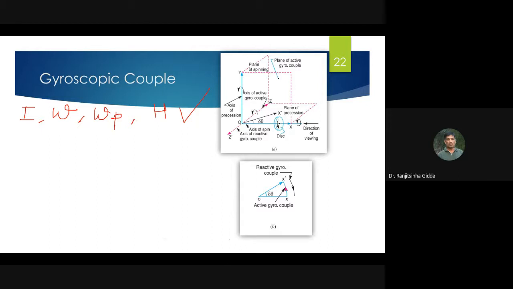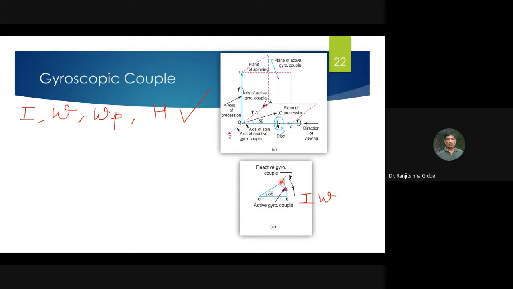Now, initially, this is OX vector which has angular momentum I omega, and after applying active force, it has a new vector.